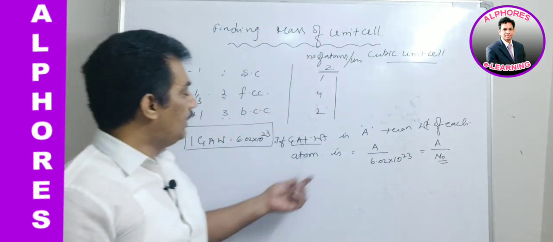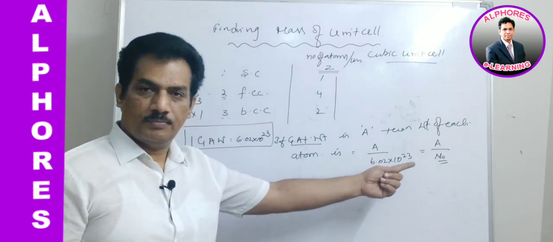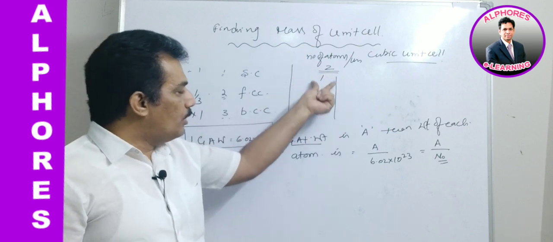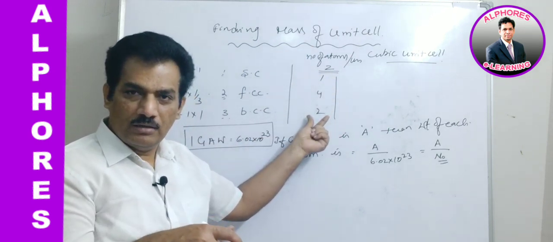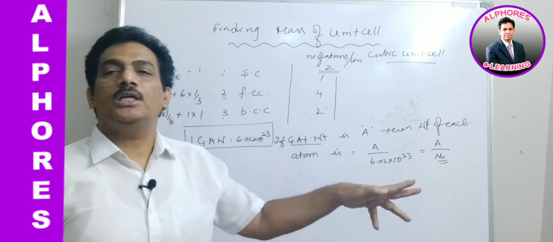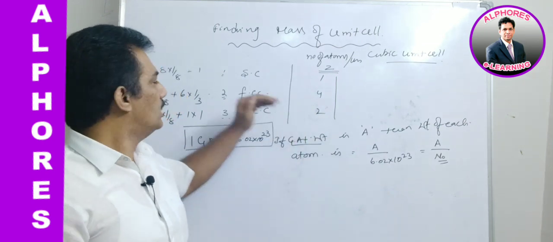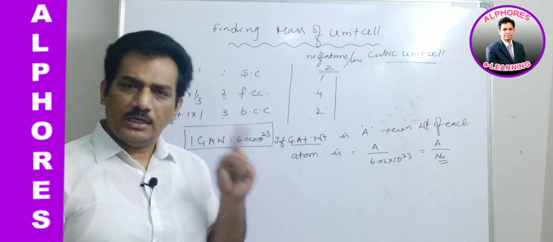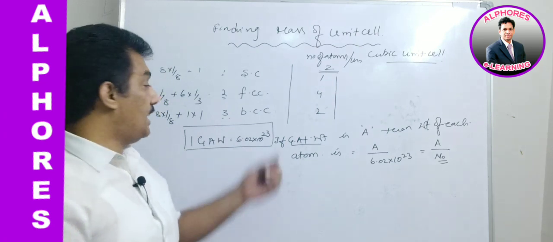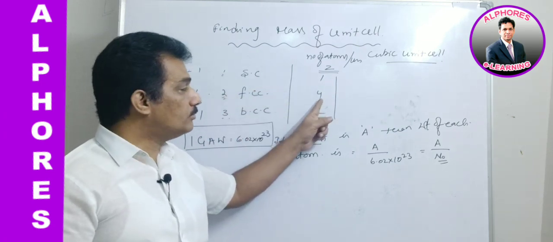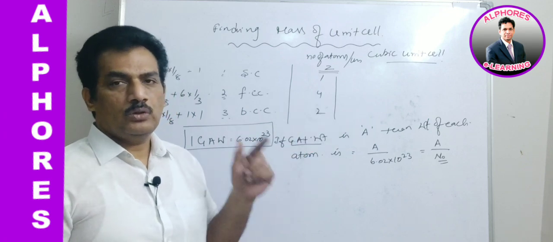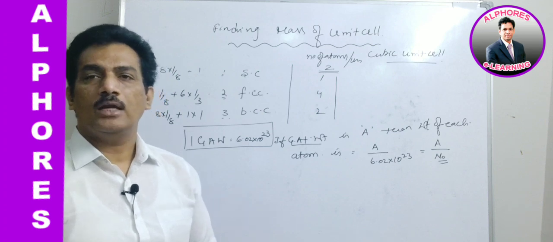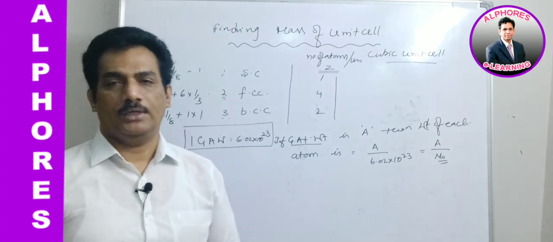Clear? Now when one atom weight is known, the mass of unit cell is the number of atoms present in that unit cell into the weight of each atom. Observe, in case of simple cube, only one atom is present, so one atom weight itself is the unit cell weight. In case of FCC, 4 atoms are present. Each atom weight is A by N0, and 4 atoms weight is the unit cell weight.